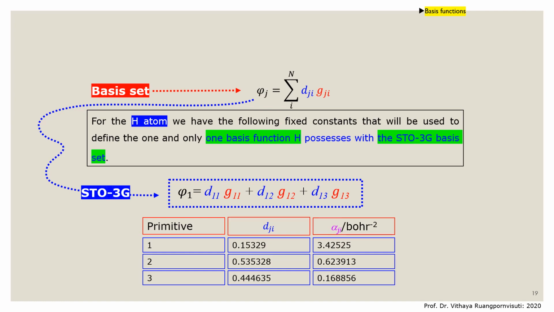The values of the contraction coefficients are shown in the table. The primitive Gaussians can be obtained using the exponent alpha ji.